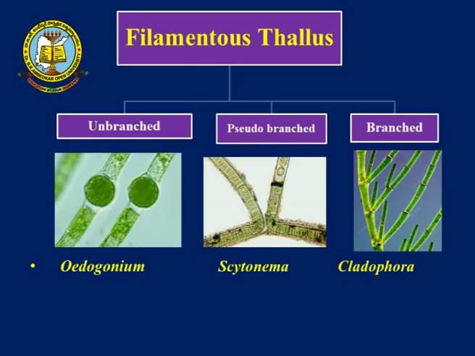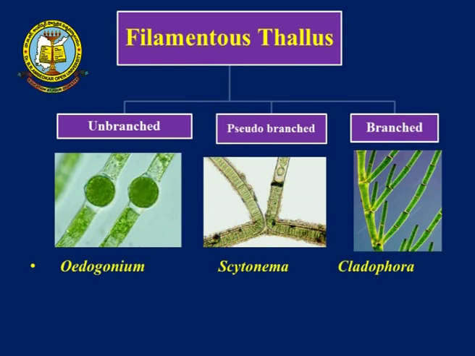Next, the filamentous thallus. The thallus appears as a filament in a unique manner. Before that it appears irregular, but the unique appearance is in the filamentous thallus, which is again divided into unbranched, pseudobranched and branched.